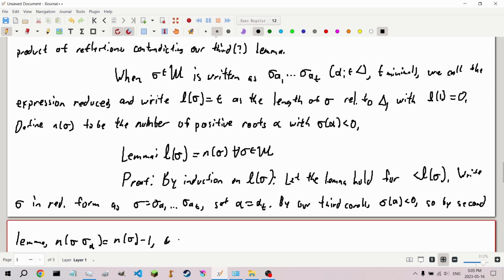And we also see that the length of sigma sigma alpha, in reduced form, is just going to cancel out the last term. So that's just going to be the length of sigma minus 1. So by the induction hypothesis, we can match these up and we are done.